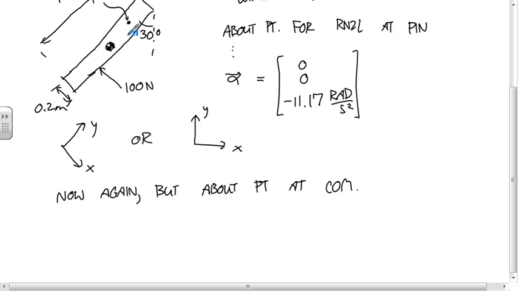So first, let's calculate the moment of inertia. We know that's going to come up in rotational Newton's second law. It's a rectangular shape. Is it spinning like a blade or like a paddle wheel? Blade.